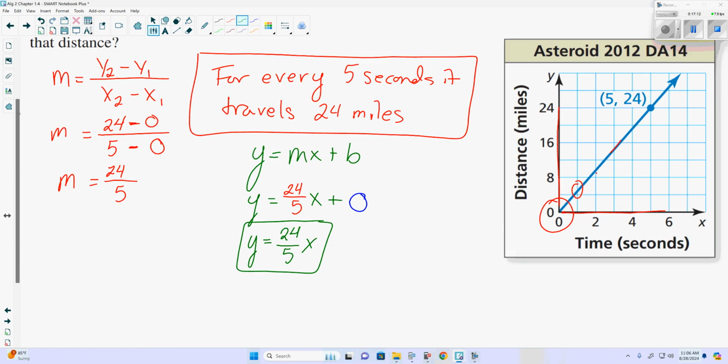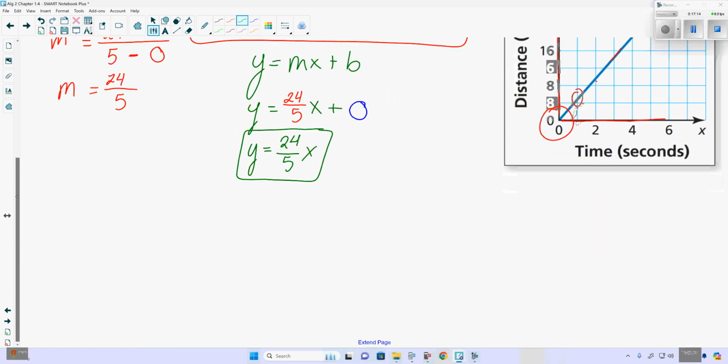Now looking at this equation, let's get a new color. X or Y, which one's our miles? Y. Y is our miles. So if I want to find out the time X, what do we need to do? I need to replace Y with 17,200.